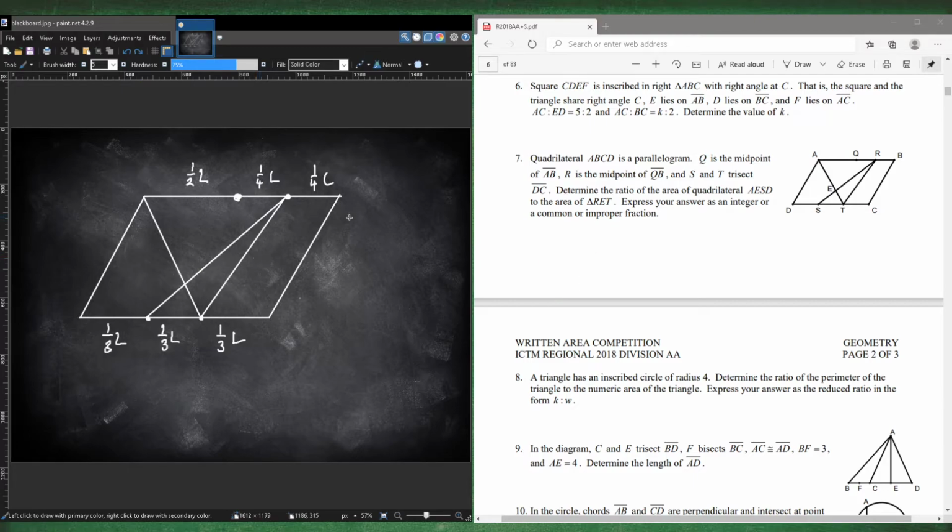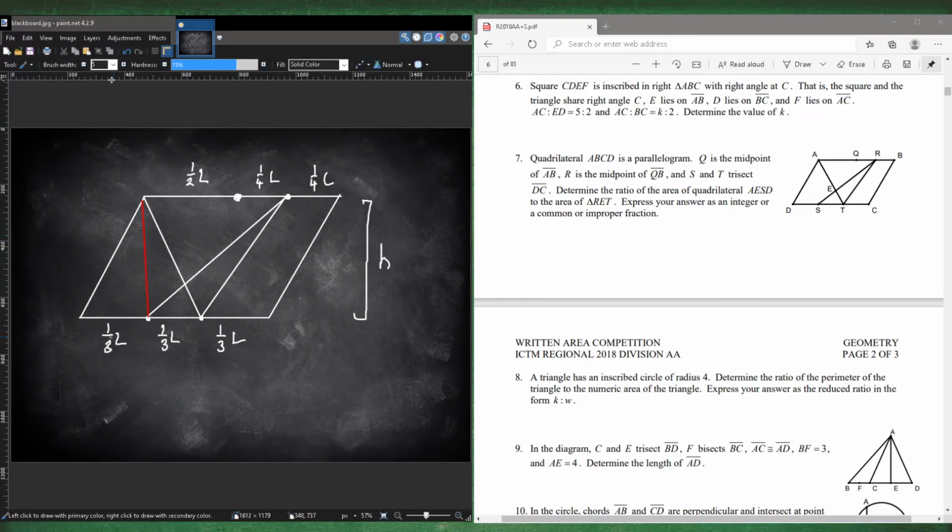So what we know from a parallelogram, if we think about it, let's split this quadrilateral into 2 triangles. So let's use red, and I'm going to split it right here. Okay, so now we have that line. So if the triangle right here has a base and a height h, it's just base times height.